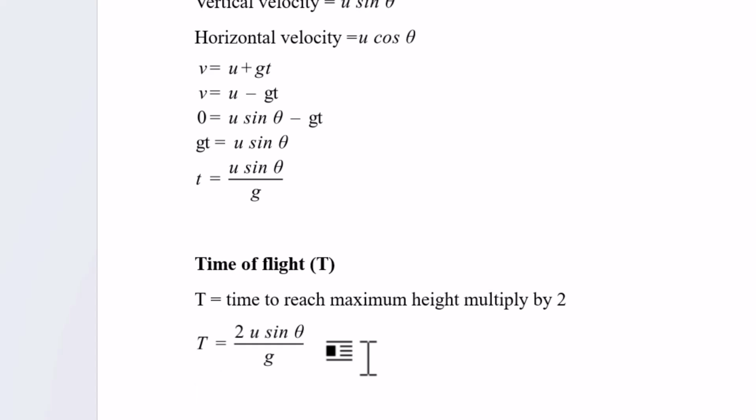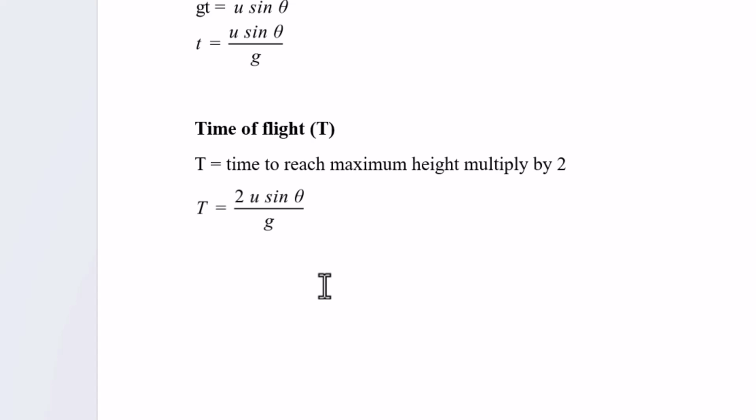Now that you know your time of flight, how do we get our range? Let's get range. Let me highlight it and bold it. Let me use capital R to represent my range. So range will be what now?